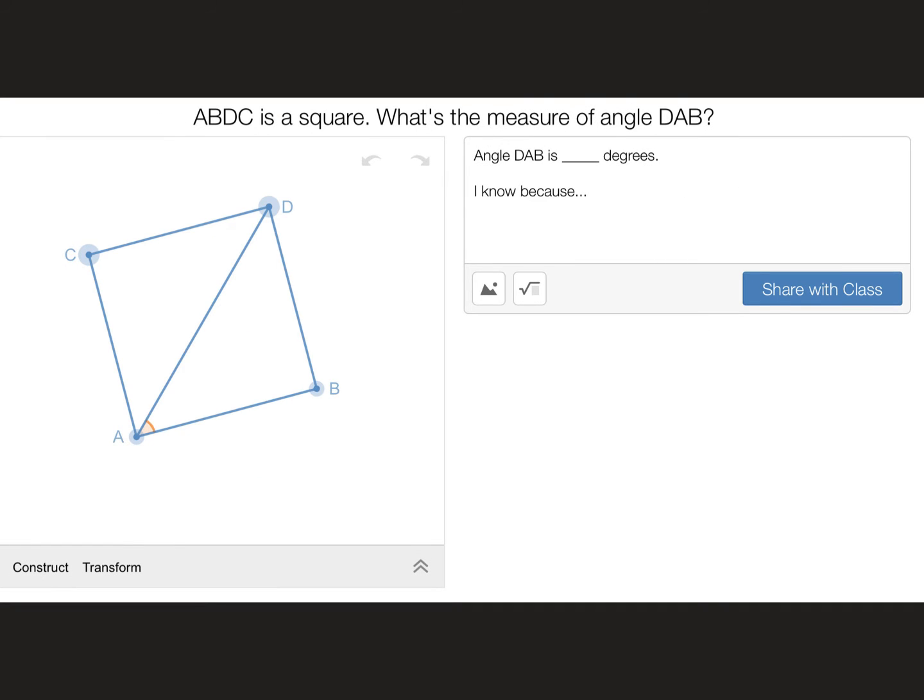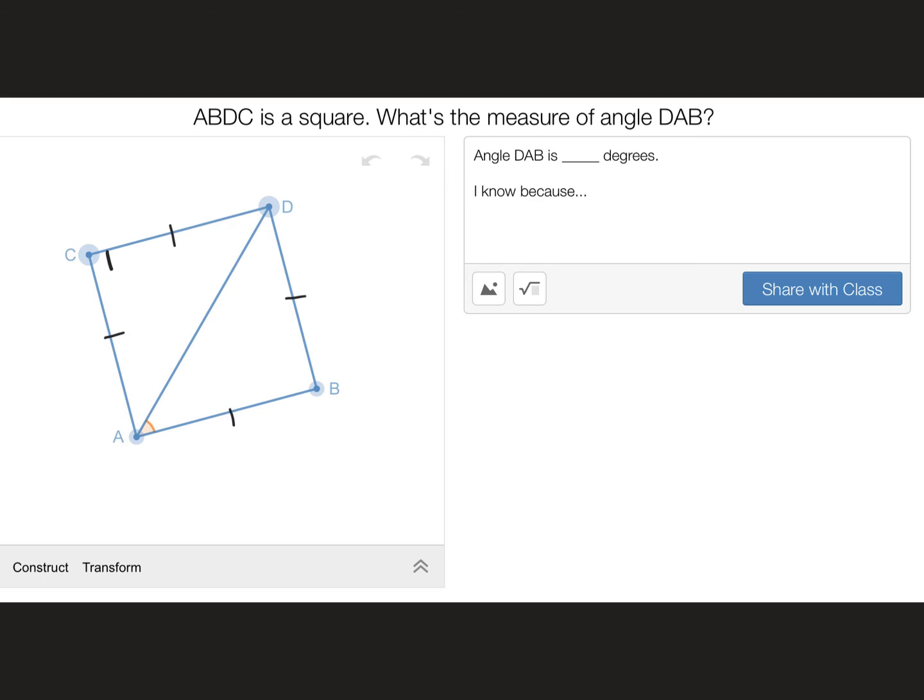In this case, you are told that ABDC is a square. What is the measure of angle DAB? So this little orange angle that we're indicating right here. Well, since this is a square, we know a fair number of things about this quadrilateral. We know that all of the sides are equal in length.